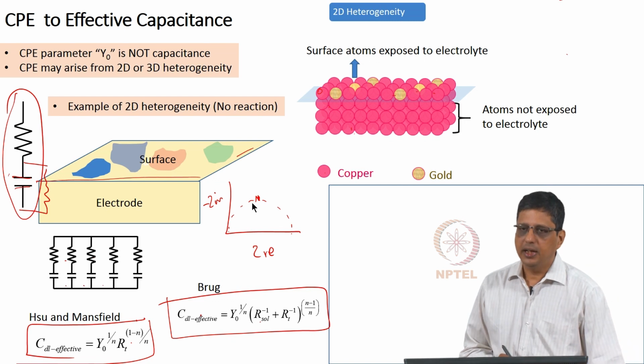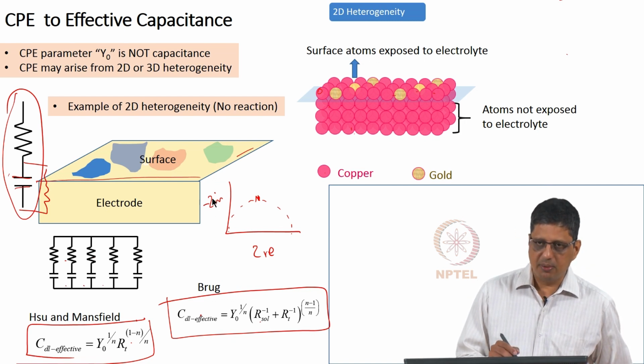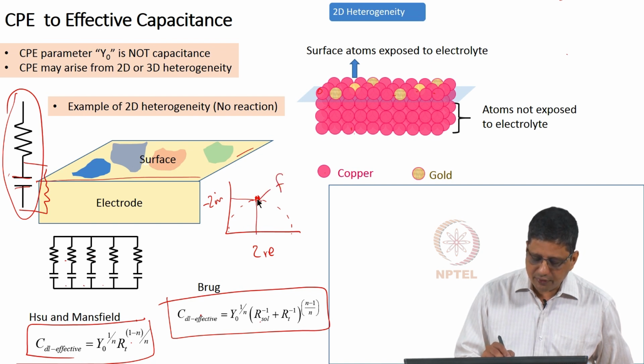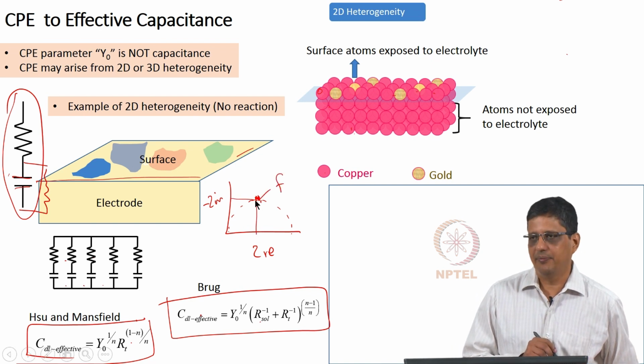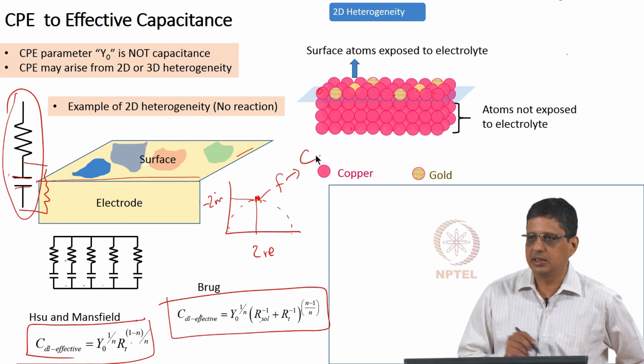If you take a regular Randles circuit and plot this in complex plane plot, you can relate the peak value here, meaning not the imaginary and real value, at what frequency do we get the maximum here. From that you can calculate the capacitance.